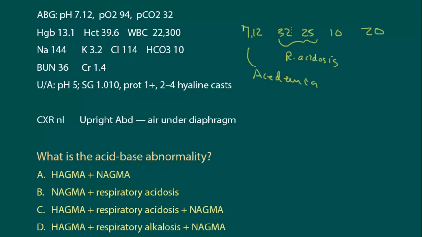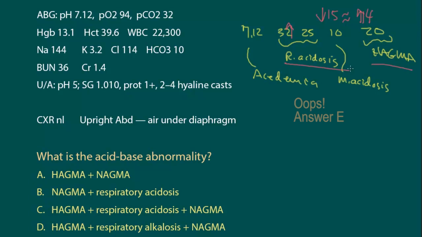He has a respiratory acidosis. He's hypoventilating. Anion gap is 20. That is 14 above normal. Bicarb is 10, which is 15 below normal. 14, 15. No other metabolic issue going on. So this patient has a HAGMA and a respiratory acidosis.